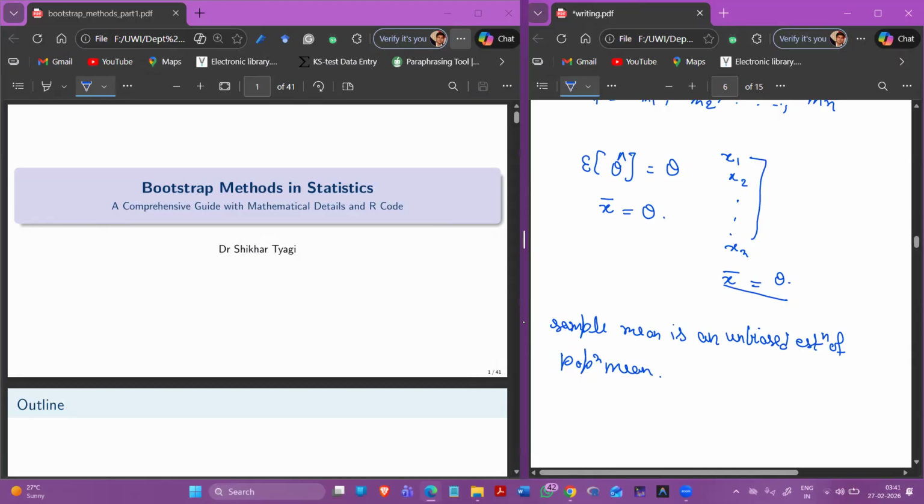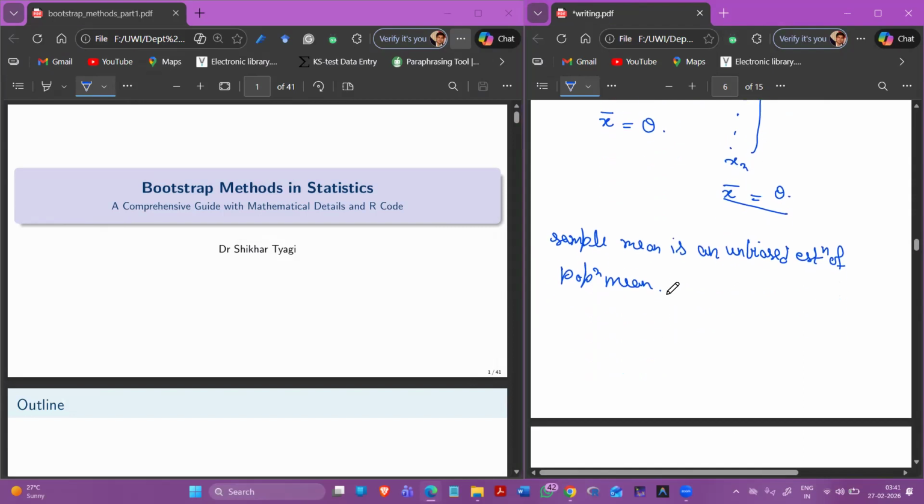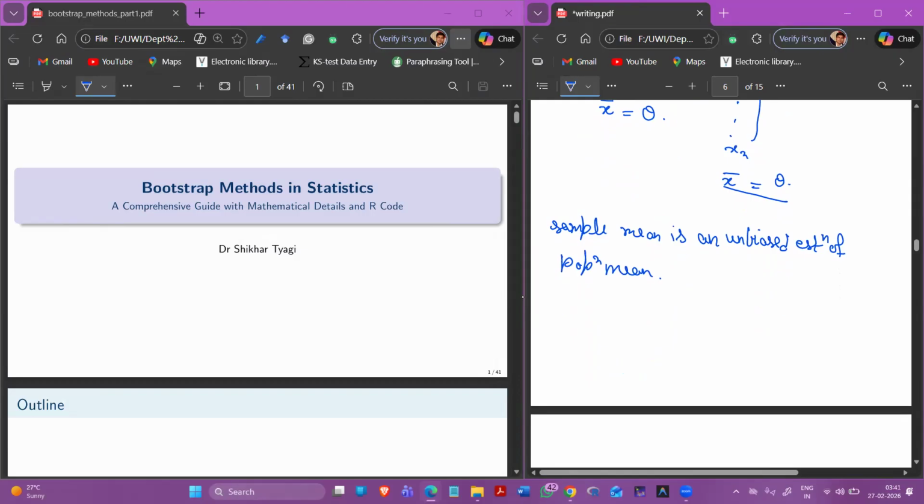Yeah, this is partially correct. This is not the exact meaning. The meaning of this theorem, that the sample mean is the unbiased estimator of the population mean, is that you collect one sample, x1. In x1, you have the observations, the sample units, correct? That was your x11, x12 up to x1m.